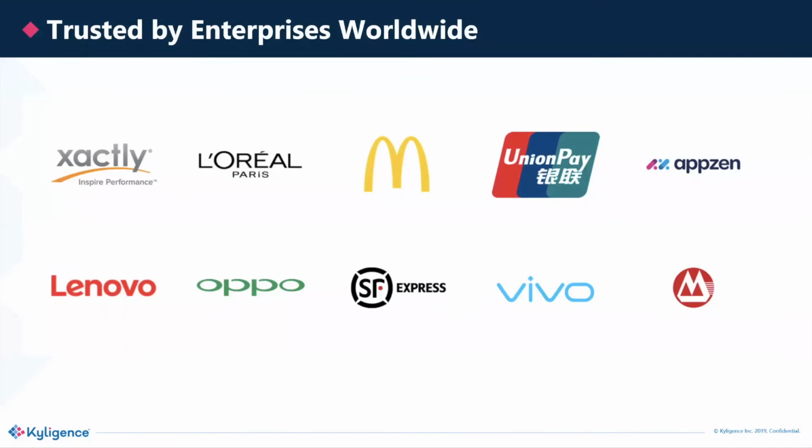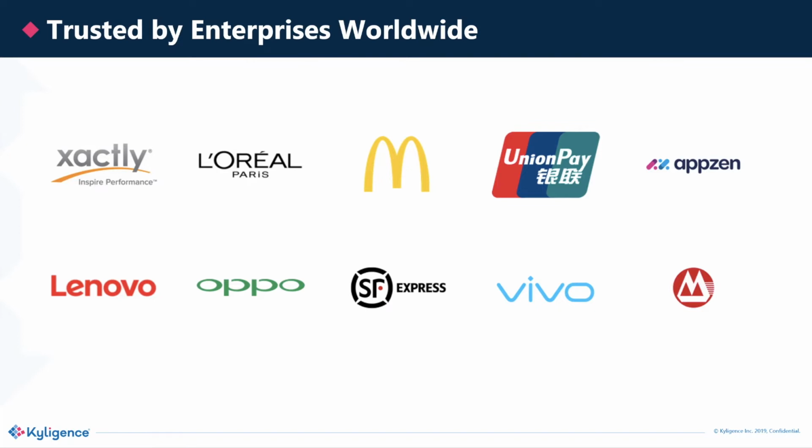Now here are some big names of the world who have been using Kyligence: L'Oreal, McDonald's, UnionPay, Lenovo, and these are a few to name. Most of these organizations are looking for scalability and performance, and they have Excel as one of their tools of consumption for data analytics, but they have other tools as well.